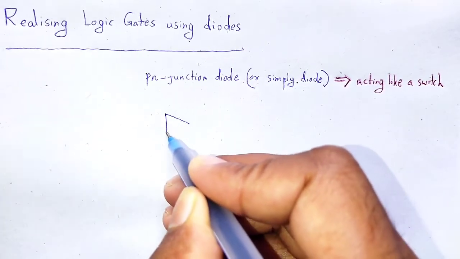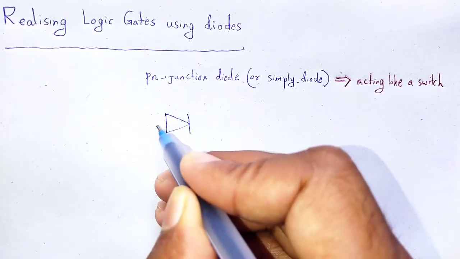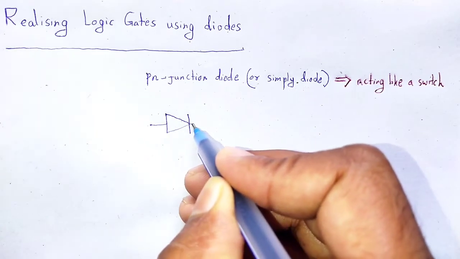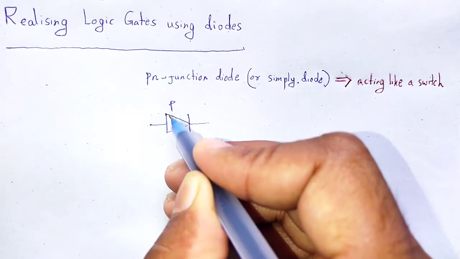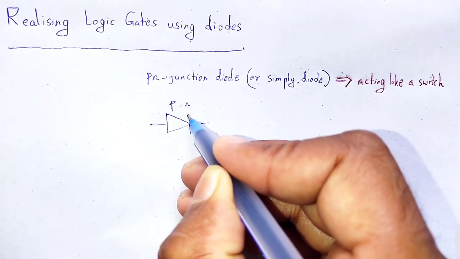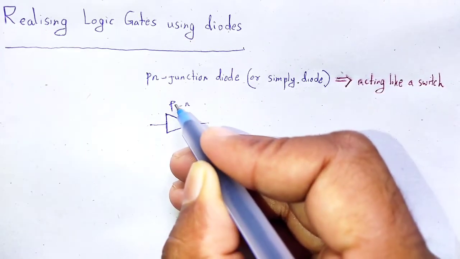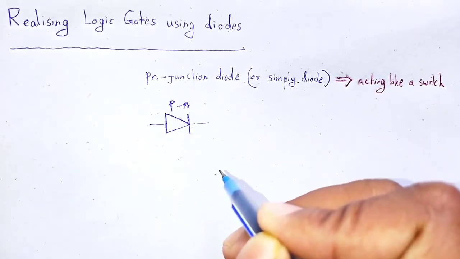Symbolically, that is a PN junction diode. Here P, and that line is referred to as N. Here a P type semiconductor and an N type semiconductor are used.